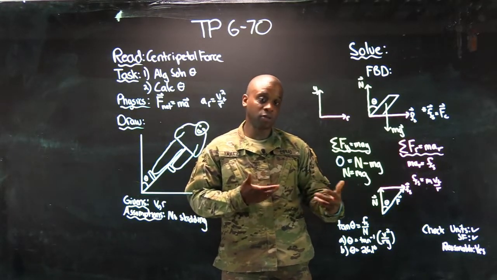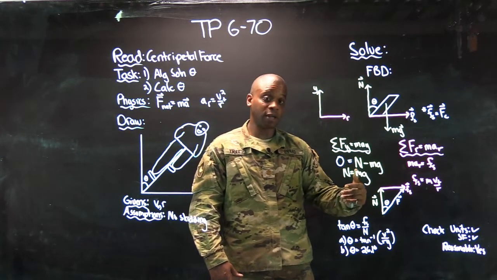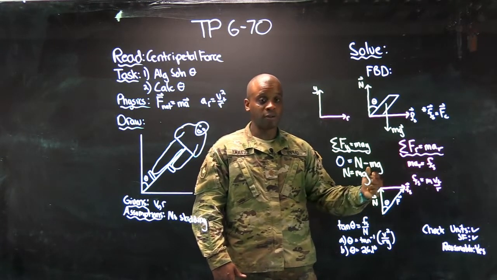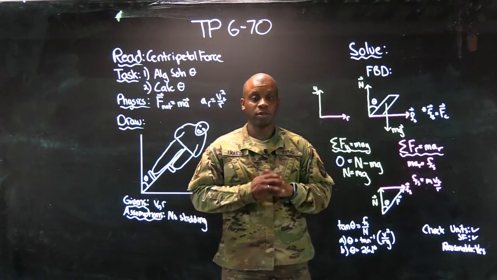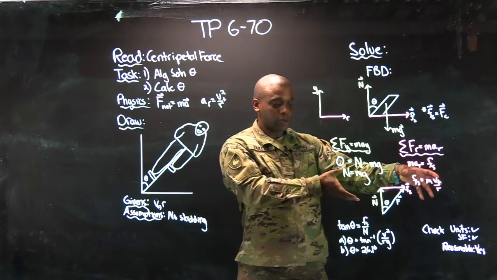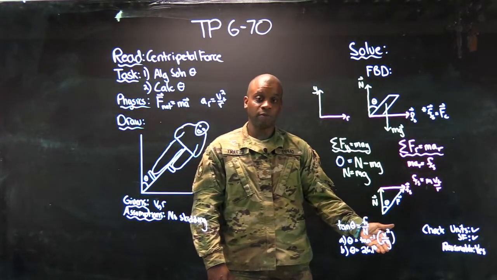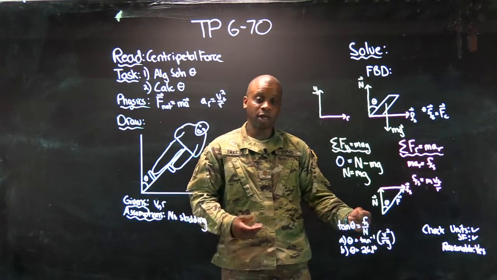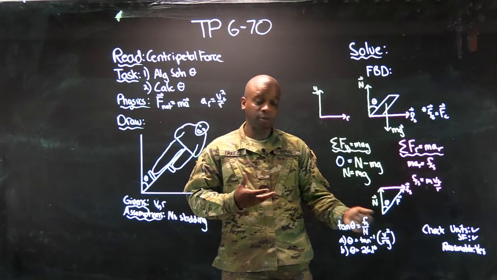So, using SOHCAHTOA, we see that tangent of that angle theta is equal to the static force of friction divided by the normal force. We throw these equations together, and we get that theta is equal to inverse tangent of our quantities here.